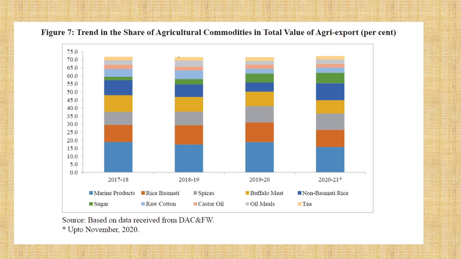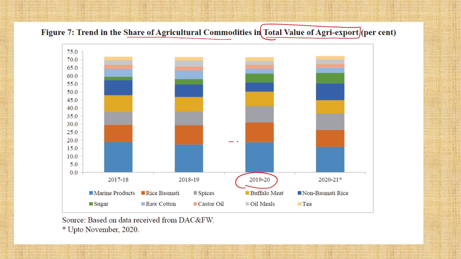Next, again, share of agricultural commodities in total value of agri export. This graph shows what all we are exporting in agriculture. This data is not very important, but please keep it in mind.